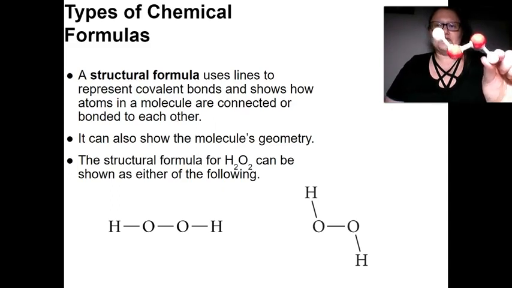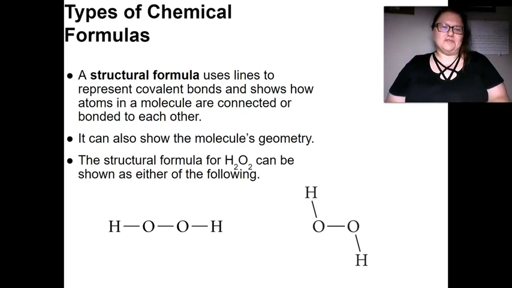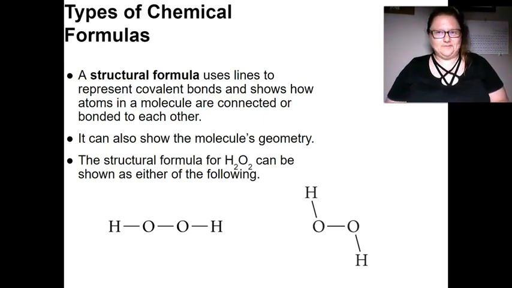So this is the true structural formula for hydrogen peroxide. This shows the connectivity and the bond angles. Those are things we'll cover in depth in a later chapter. But for now, the structural formula just has to show the connectivity. Okay, we don't learn about geometry until another chapter, so I'm not going to hold you to know it now.